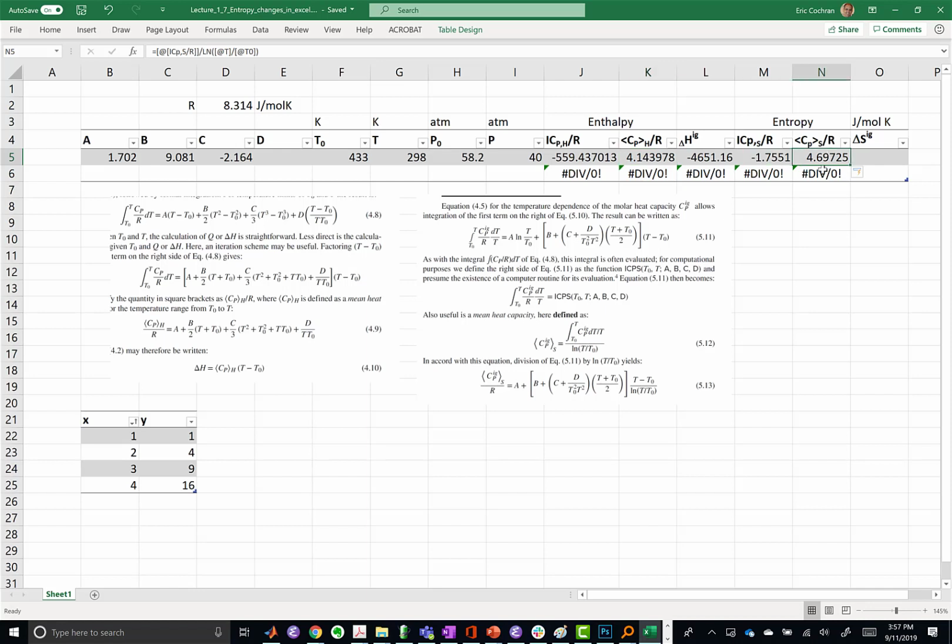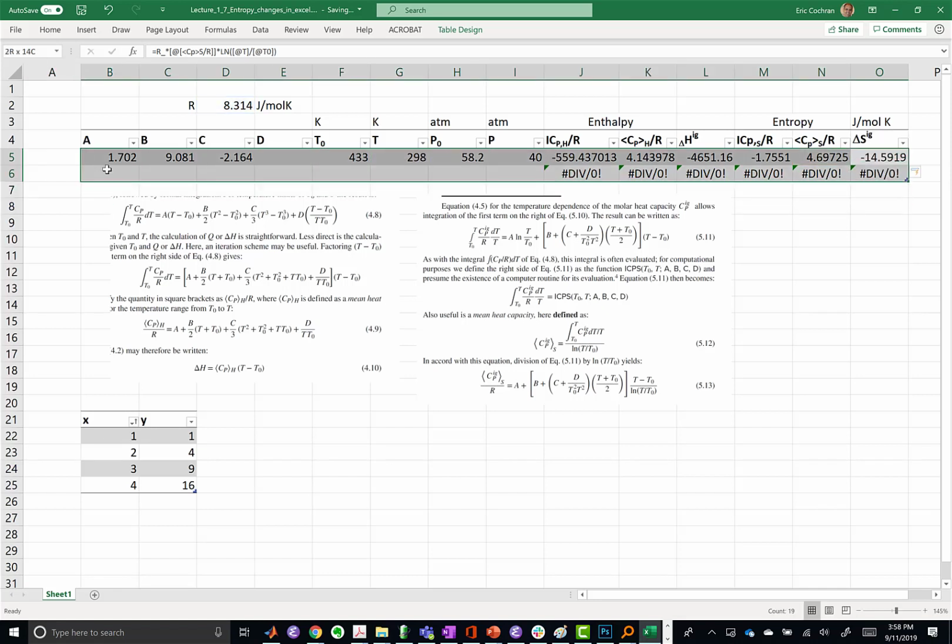So that's about 4.7. All right, and so the final result then is just going to be R times the heat capacity integral. So I can get it that way. Or I can say it's R times the mean heat capacity times the logarithm of the temperature ratio. So natural log T over T0 once again.